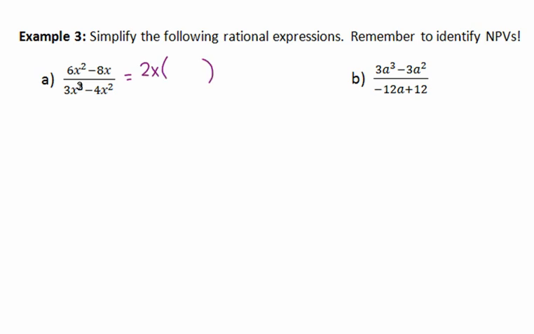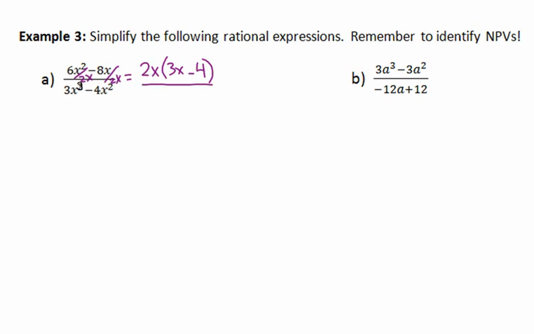If it helps you, write divide by 2x to figure out what's inside. 6x squared divided by 2x: 6 divided by 2 is 3, and x squared divided by x is x, minus just a 4. The x's will cancel out.